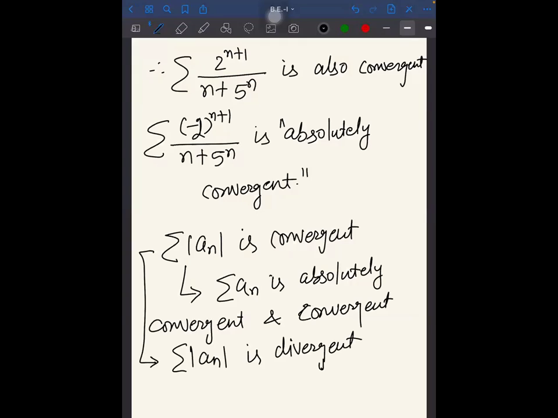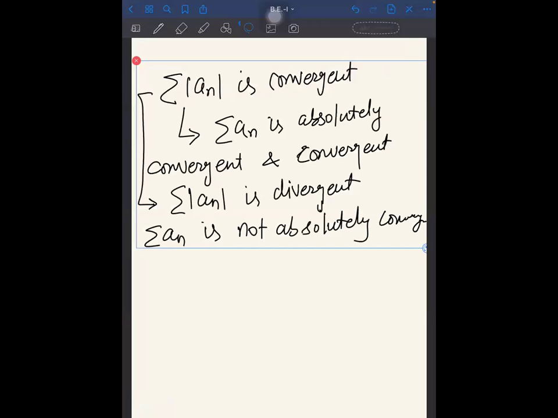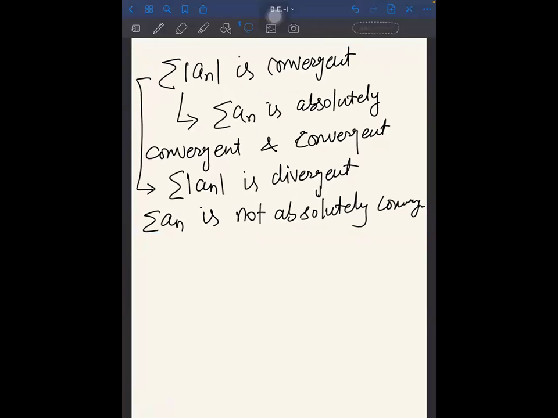Then you're gonna check. Of course it is not absolutely convergent. हम इसे अब absolutely convergent तो नहीं कह सकते. But if your summation a n is convergent, then what are we gonna say?